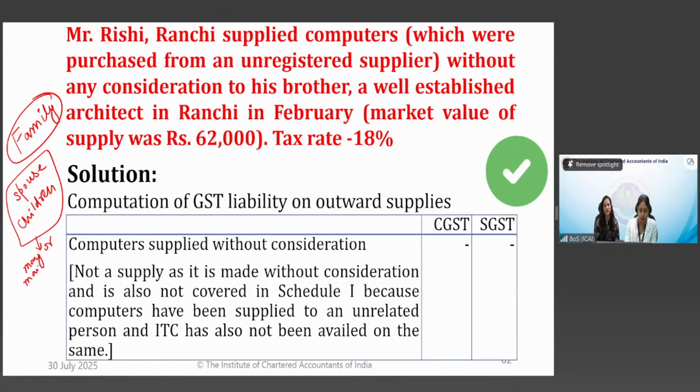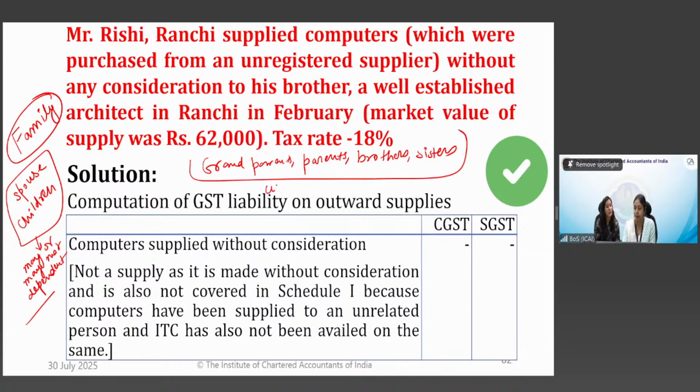For the spouse and children, there is no dependency condition, but for grandparents and for the sibling, brother or sister, there is a condition of dependency. They are considered as members of the same family only when they are dependent on that person, mainly or largely dependent.